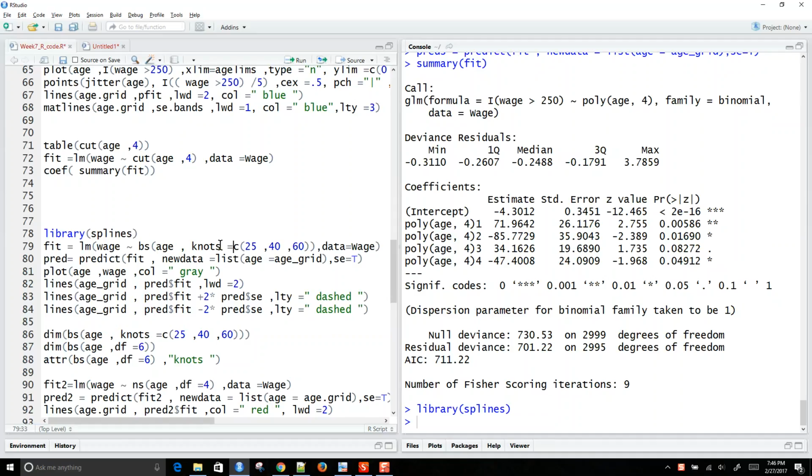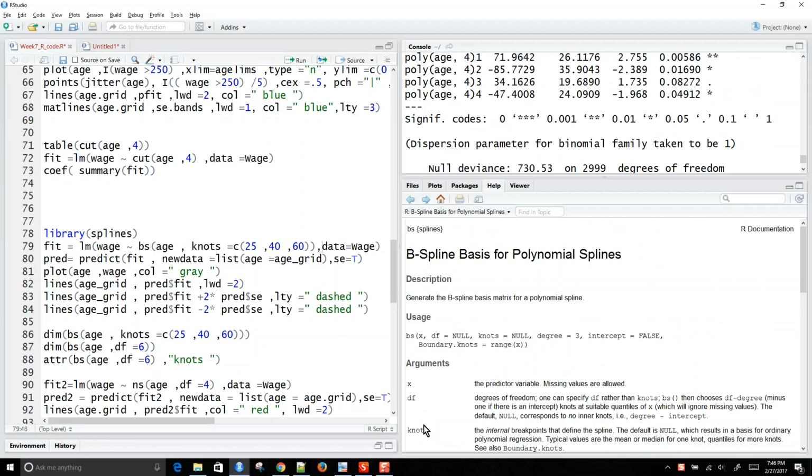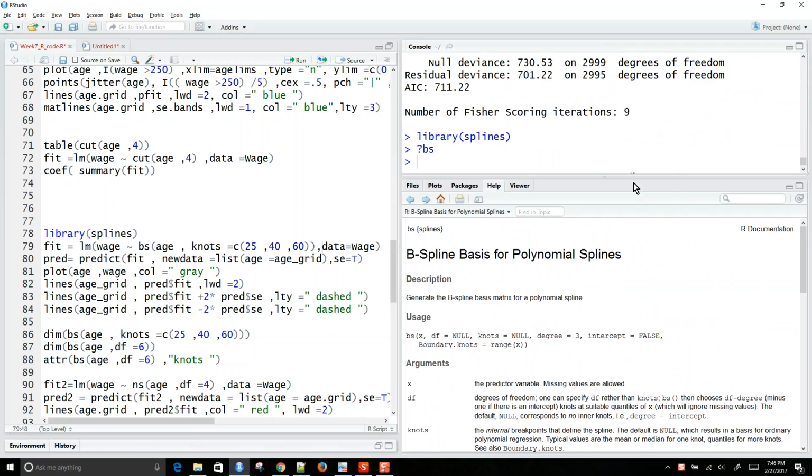So BS is for B-spline basis, and then we'll fit a linear model between wage and the splines we've created for age.